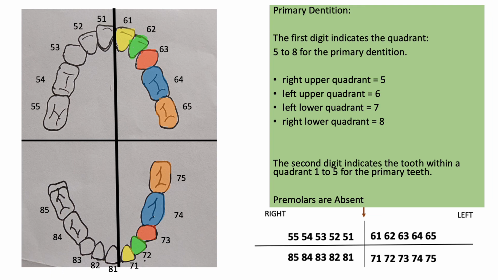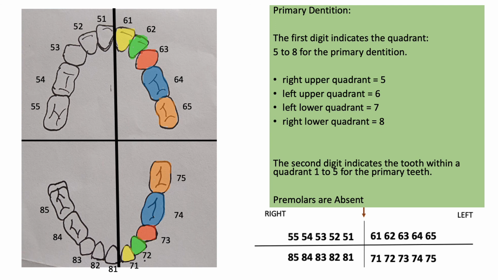And when the FDI system is used in a primary dentition, the first digit will be indicating the quadrant, where the numbering is given from 5 to 8, where 5 is the upper right quadrant, 6 the upper left quadrant, 7 the lower left quadrant, and 8 is the lower right quadrant. And the second digit will be indicating the tooth within the quadrant, which will be given from 1 to 5, where 1 is the middle tooth and 5 is the posteriormost tooth.